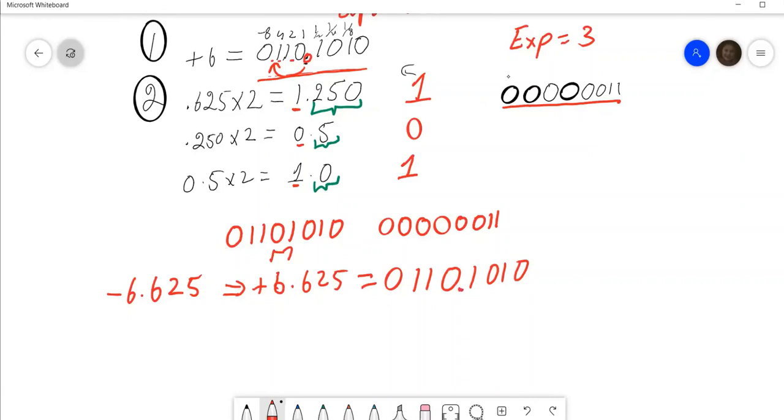Now I convert this into negative with 2's complement, and you remember 3 or 4 methods.